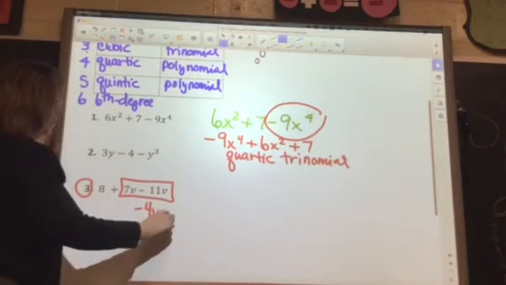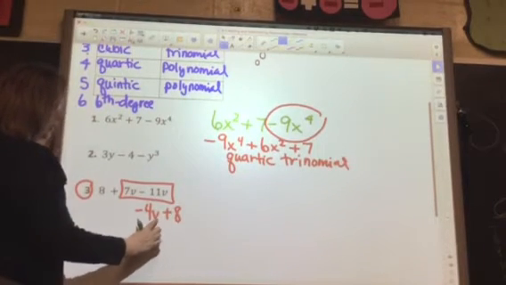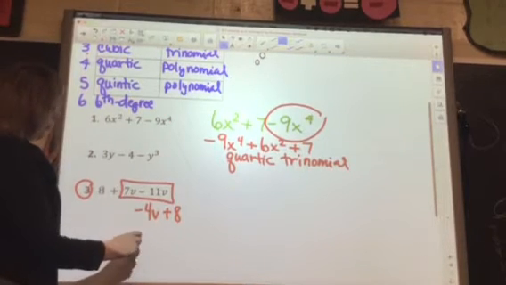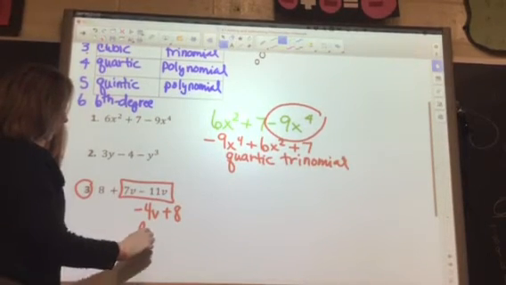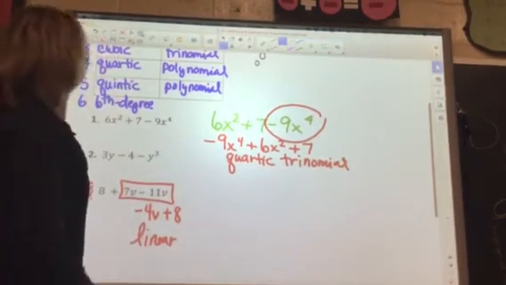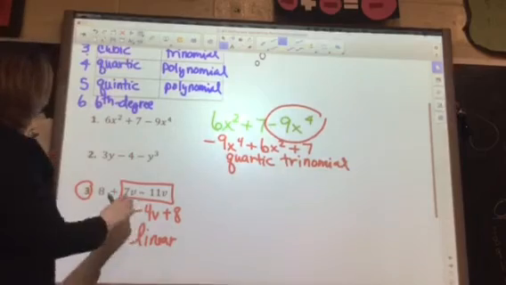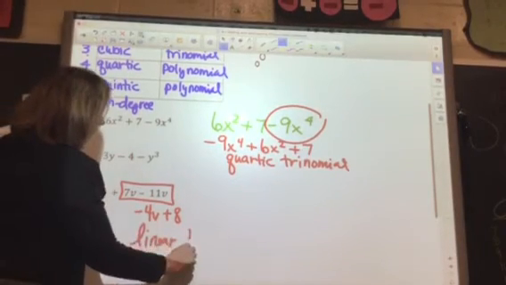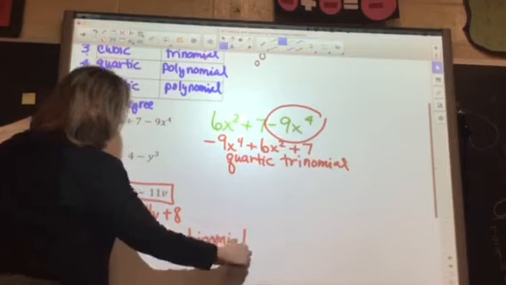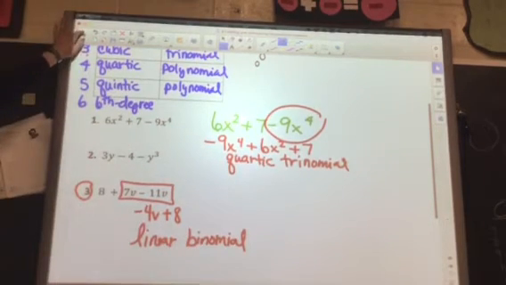So I have negative 4v plus 8. The largest degree monomial right here is degree 1. Remember, if it's degree 1, it's called a linear. Degree 1, look at your chart, is linear. And then the number of terms, 1, 2, binomial. A linear binomial. All right?